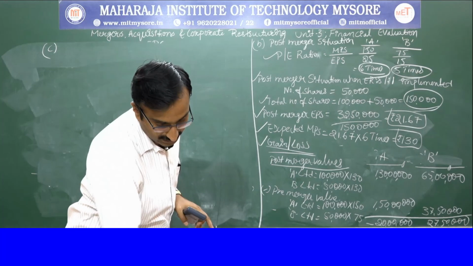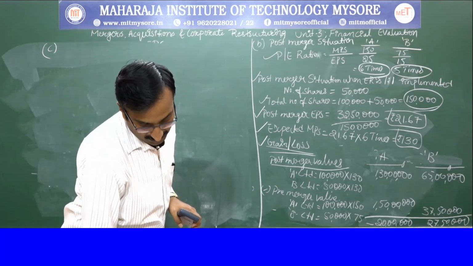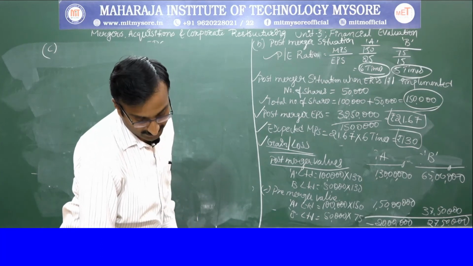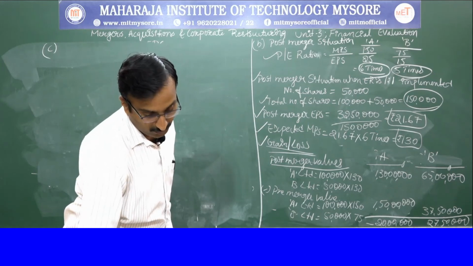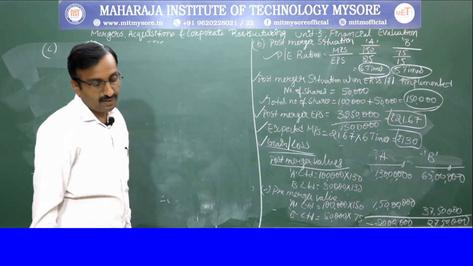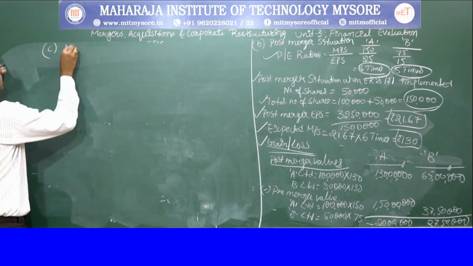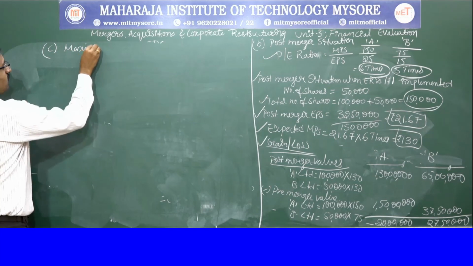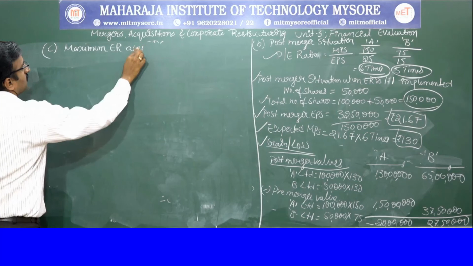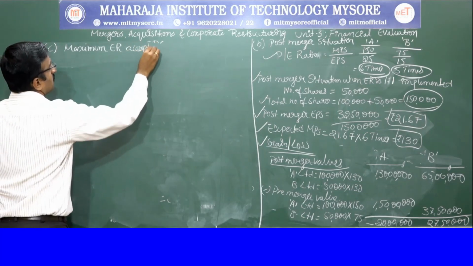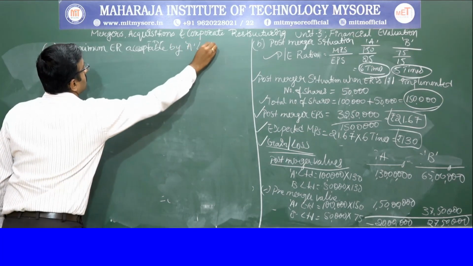The question is, what is the maximum ER acceptable to A Limited? Okay, from the point of view of A Limited, we need to find out the maximum ER acceptable by A Limited.